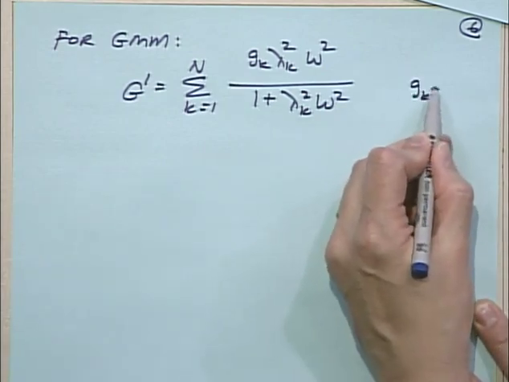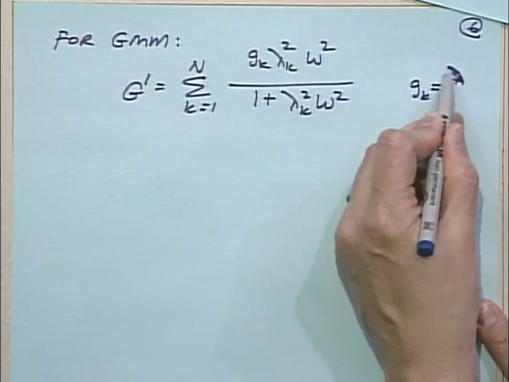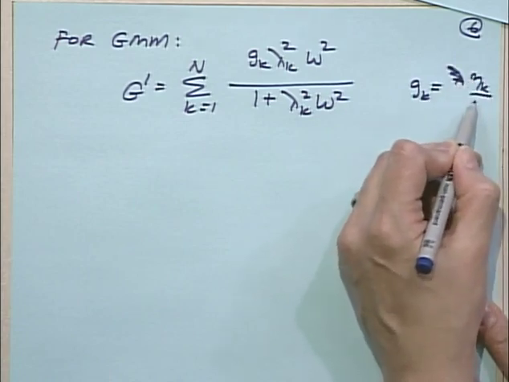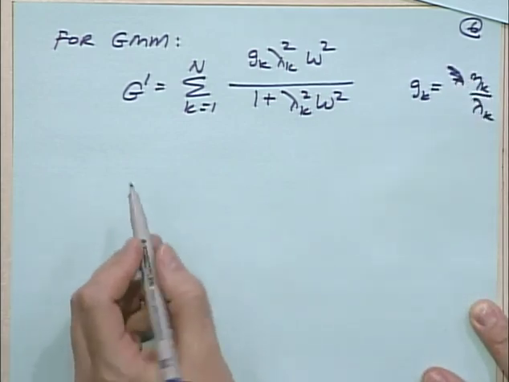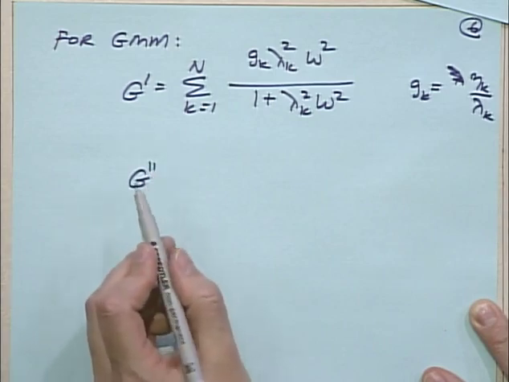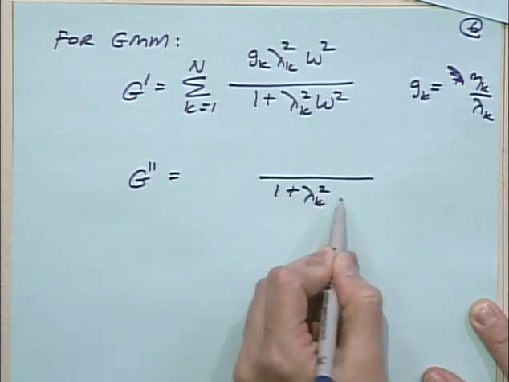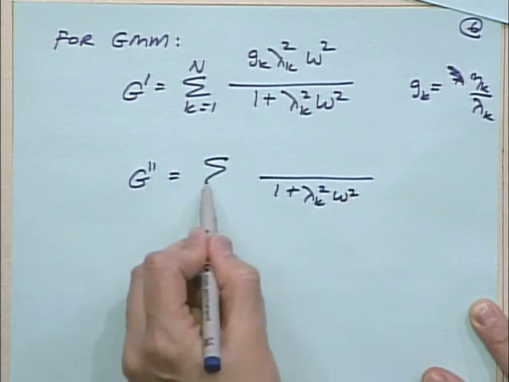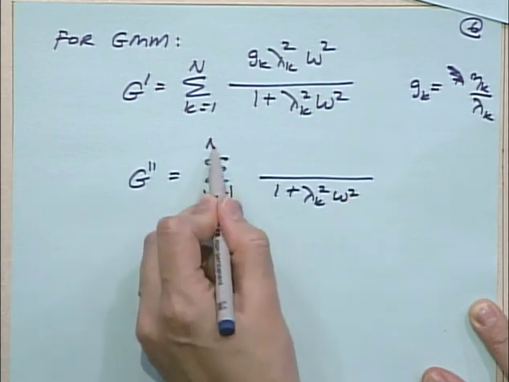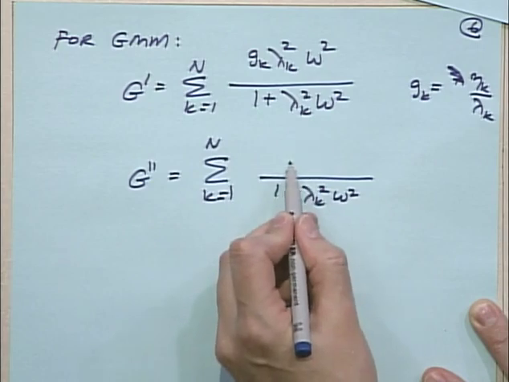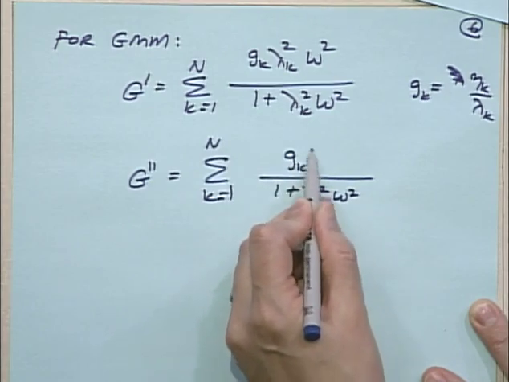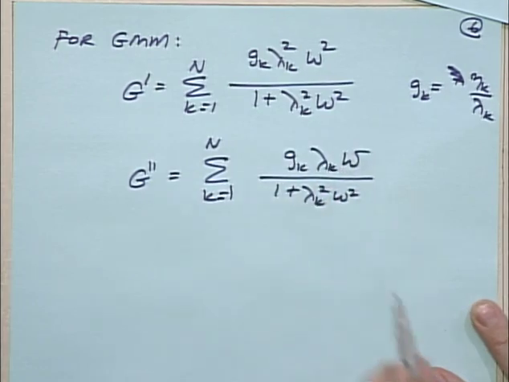G sub k is eta k over lambda k. G double prime has the same denominator, 1 plus lambda sub k squared omega squared, and the same summation. The numerator doesn't have the squares: G k lambda k omega.